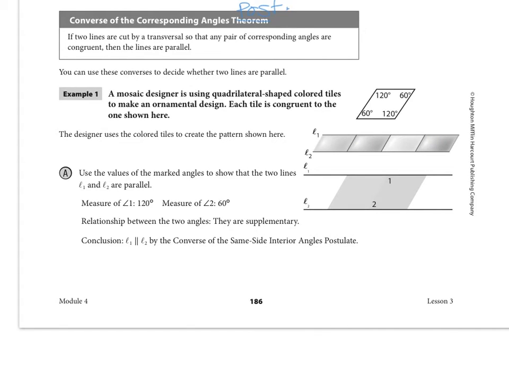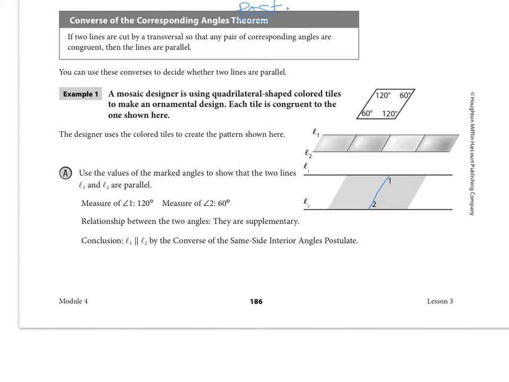What's a little difficult to see in part A is that this is actually two tiles together right here. It says use the value of the marked angles to show that the two lines L1 and L2 are parallel. What we know is that the measure of angle 1 in the upper left-hand corner of our quadrilateral tile is 120 degrees, and that the measure of angle 2 down in the bottom left-hand corner is corresponding to that 60 degree spot there.